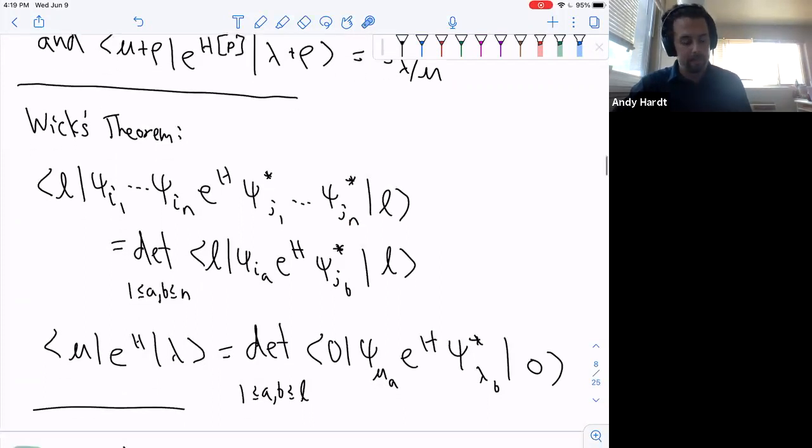So you're able to take every single pair of one creation operator and one deletion operator, do those pairings on their own, and then just take a determinant. And so you can see perhaps that this is an analog of the Jacobi-Trudi formula if we look at it in this form. So if we have lambda paired with mu with e to the h, this is just the determinant of: we create a particle at lambda sub b, and then we remove a particle at mu sub a.